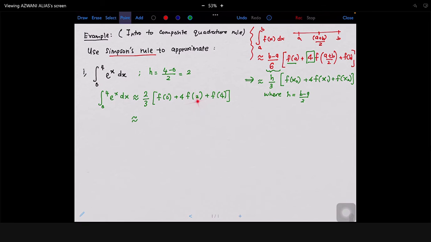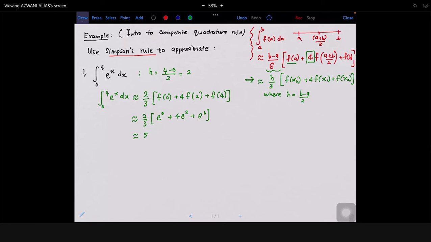Okay, masuk nilai. So you akan dapat 2/3 times F(X) where X is equal to 0 untuk function exponent 0. So you dapat e^0 plus 4 e to the power of 2 plus e to the power of 4. Okay, calculate. You akan dapat is around... Kalkulator tu, esok ready kalkulator dan juga kertas kira siap-siap.